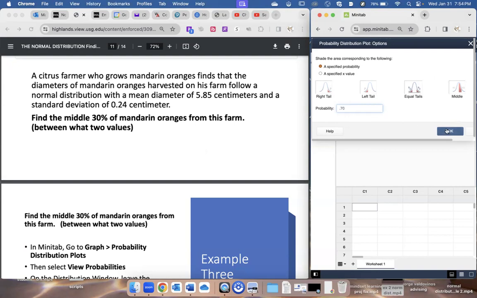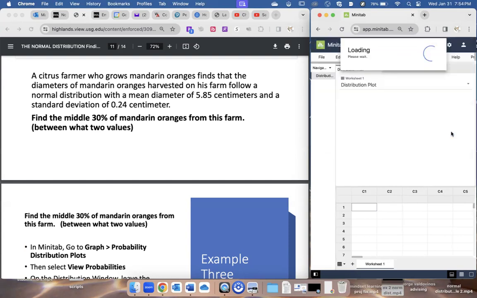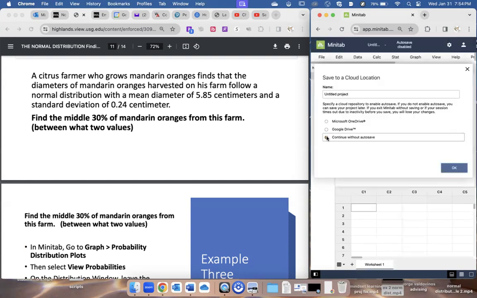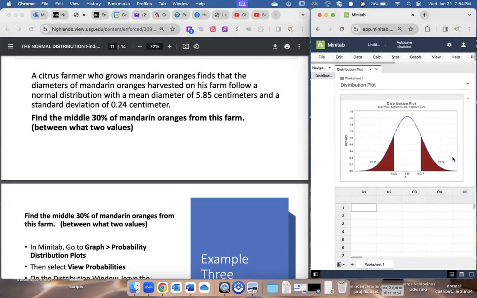Let me tell you this, because the mistake in the original video says that we need 35% on each side because we have 30% in the middle. So we need 70 divided by 2 on each side. And watch what happens if we do that.